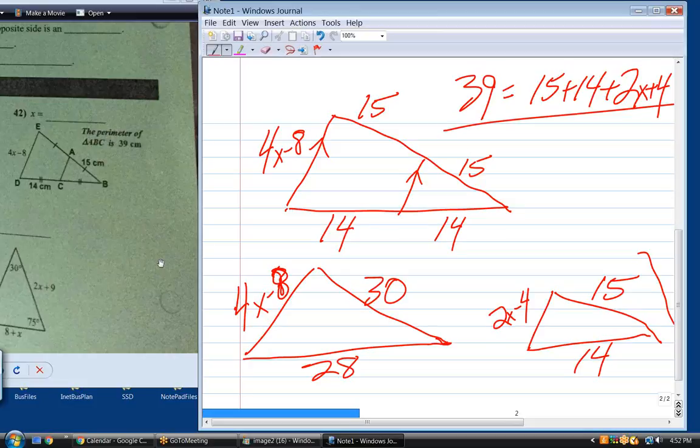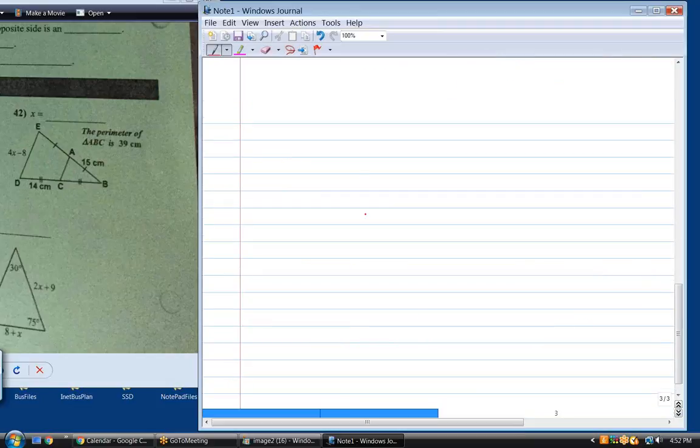Most important thing in this problem was realizing that AC has to be parallel to ED. AC is called a midsegment, and it applies to both triangles and trapezoids.